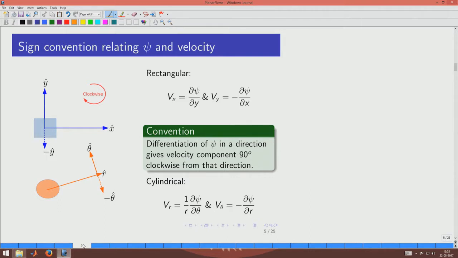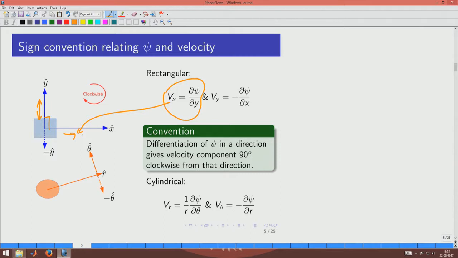The convention is as follows: the derivative of psi, if you take it along one direction, then 90 degrees away in the clockwise direction is the velocity component being given. If you look at this first expression, you can see that dou psi by dou y is being taken in this direction, and then 90 degrees away is this direction, which is x, which means that is the component being given.